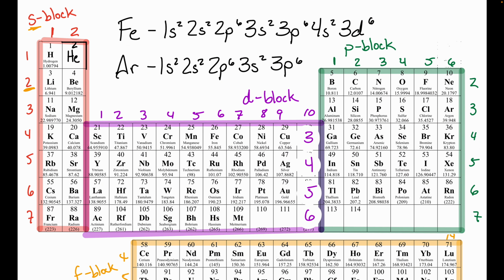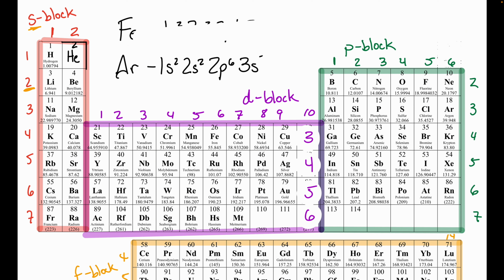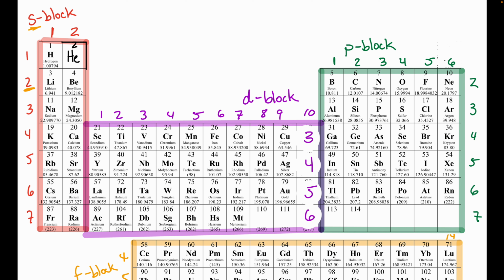Again, for the sake of practice, let's do rhodium's electron configuration. Here's rhodium on our periodic table, element 45.